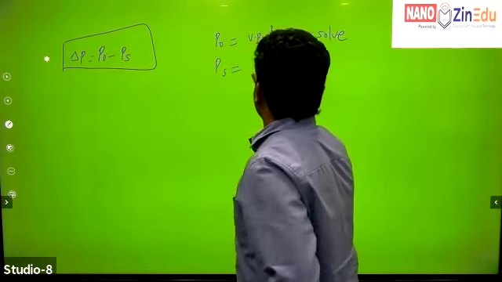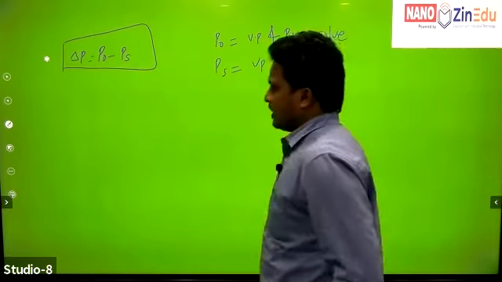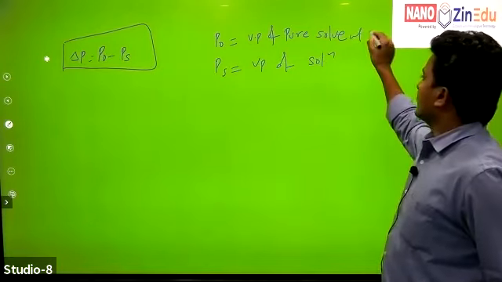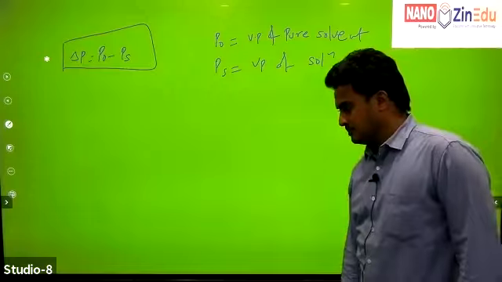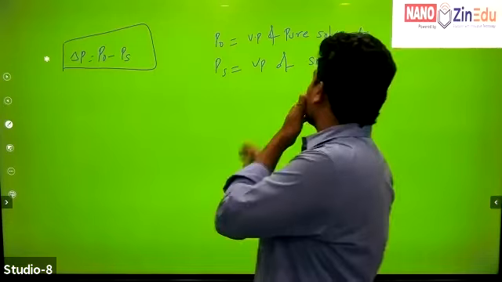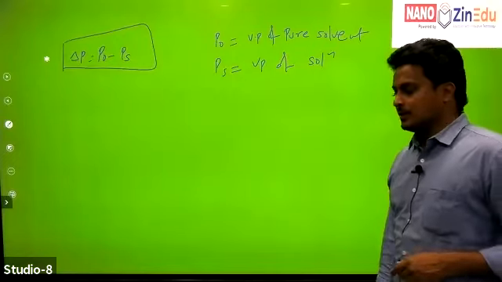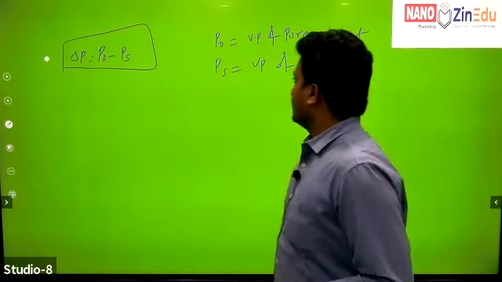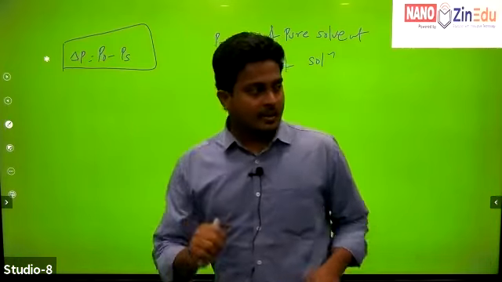Ps is the vapor pressure of solution. Now tell me which one is higher? Solvent or solution? Solvent, sir. The vapor pressure of pure solvent is greater than the vapor pressure of solution. Don't forget, it is said to be lowering of vapor pressure.